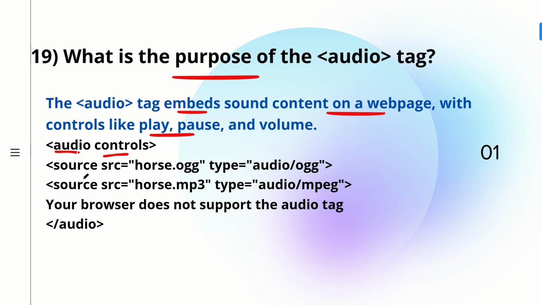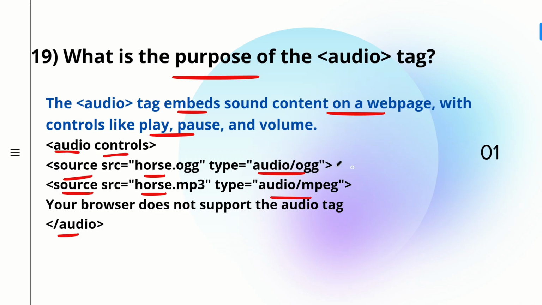So you have to write the audio tag first. You have to write opening and closing, and then controls. Controls is useful for play, pause, and volume. And then you have given multiple sources, that is, what is the source of your sound. So this is the first sound. And then again you can see we have an mp3 source, and for type you have given audio ogg and audio mpeg.